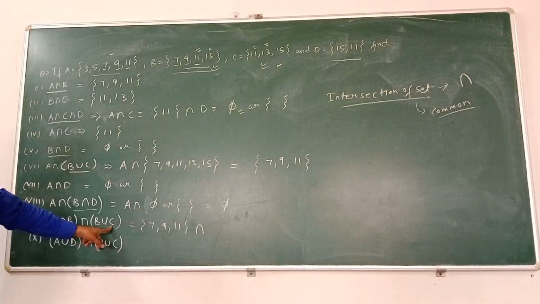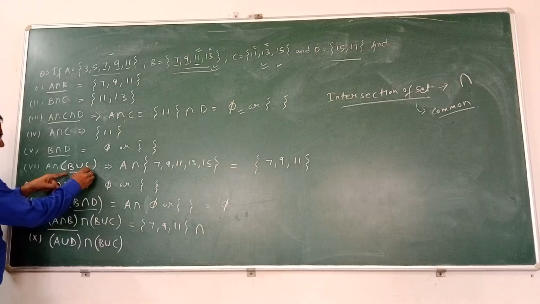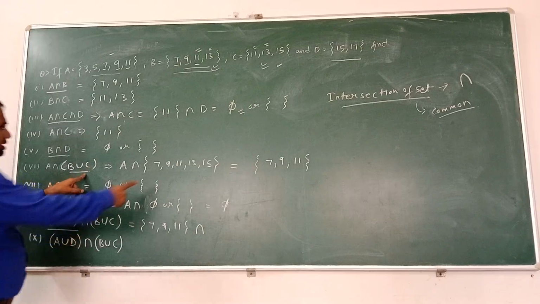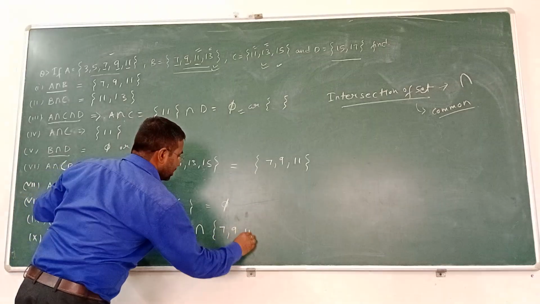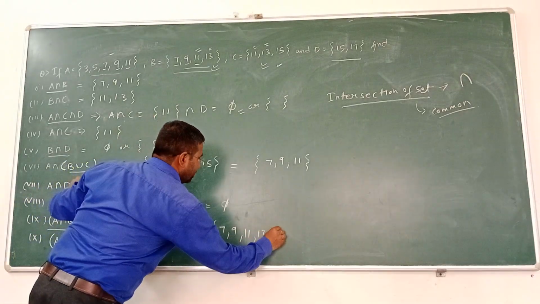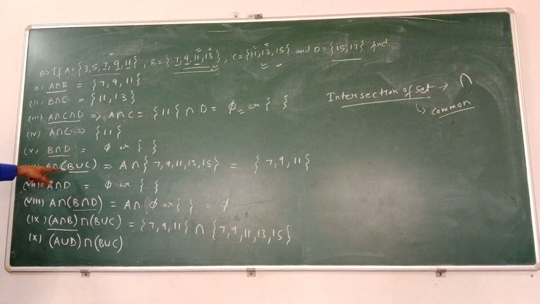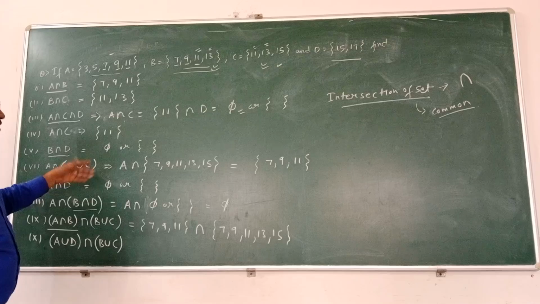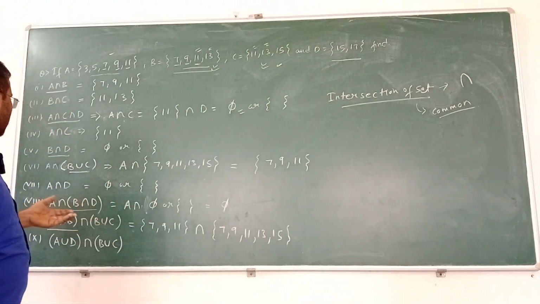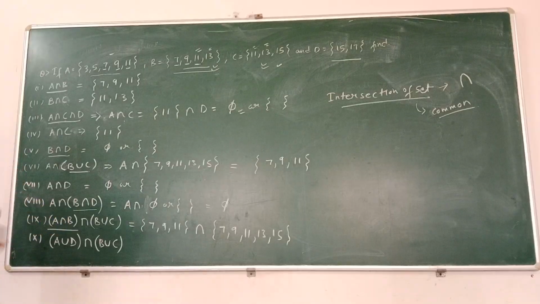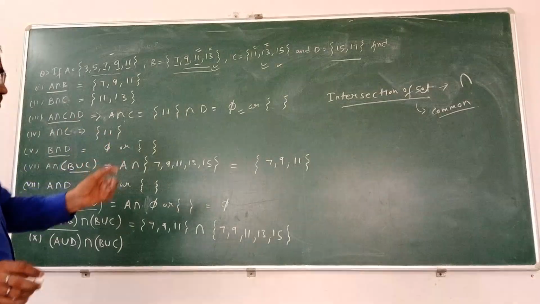Now see, you have to write B union C. So B union C we have done here. See here, written 7, 9, 11, 13, 15 is there. Right? So B union C is there. Okay. So how have we written it? So B union C, the union, is what? Set of all sets. It means you have to write the elements of that set also and that set also, but common elements should not be repeated.